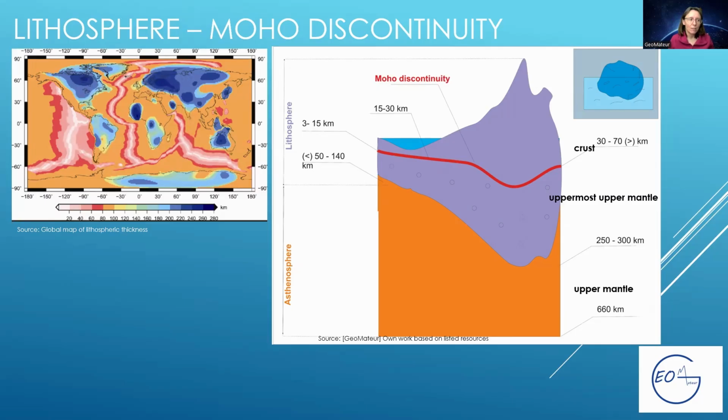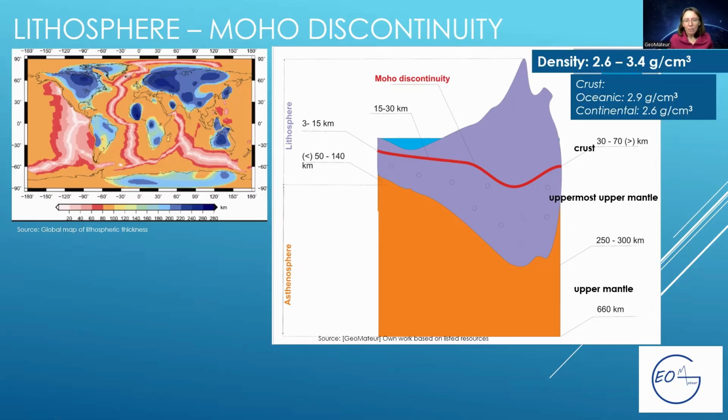If you look at the worldwide distribution of lithosphere thickness, you can easily determine the ridges, pink and white color, and the very old thick lithosphere, the cratons of the continents.